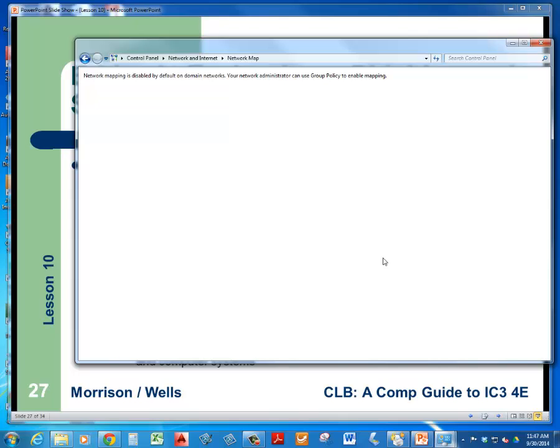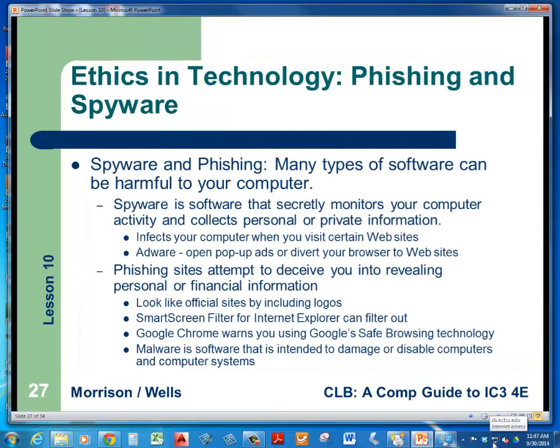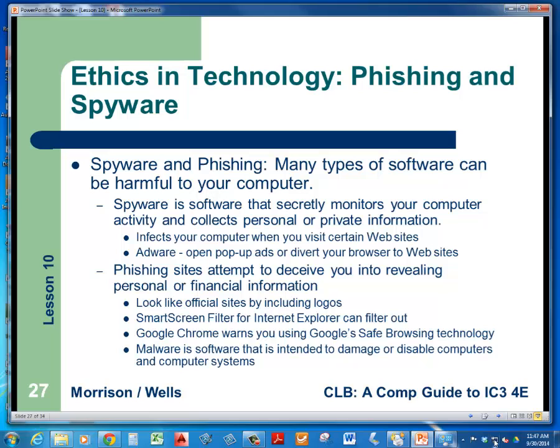Yeah, the network administrator has to do it. So you can ask it to map. You can go to troubleshoot and let it detect problems, see if there are any problems with that.